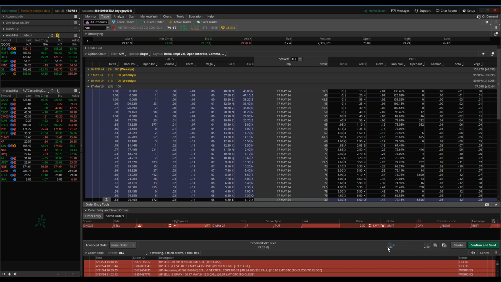Now here we're looking at the natural and the midpoint. What we want to look at is the bid and the ask. And for that, I use my TD Ameritrade app, since it's a little bit easier. The difference between the bid and the ask on every individual option that we trade is really the key.